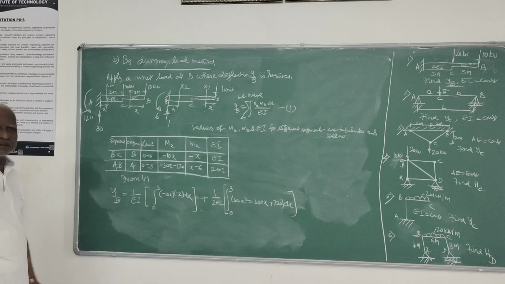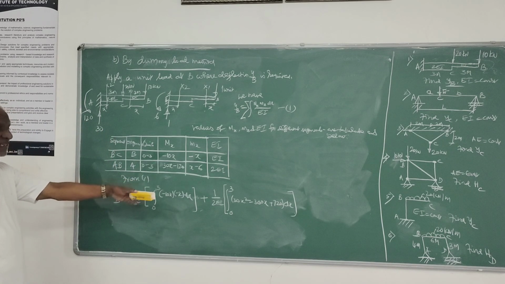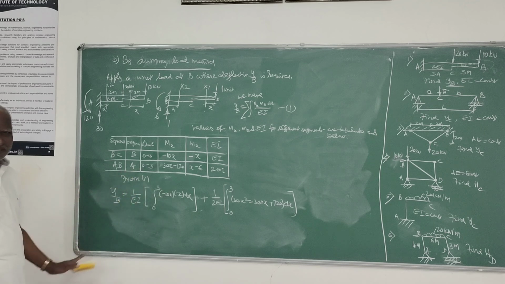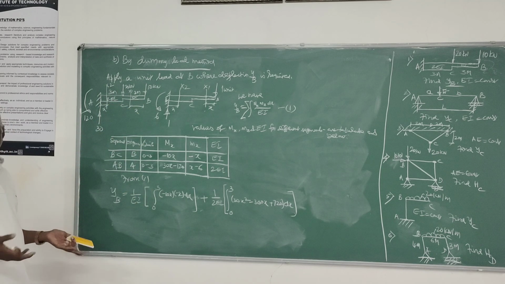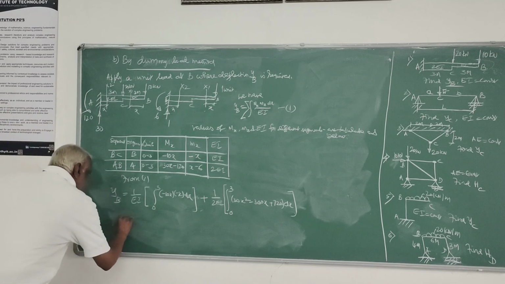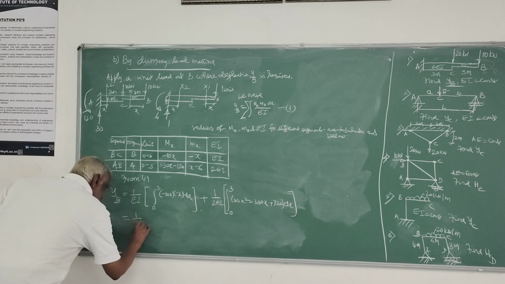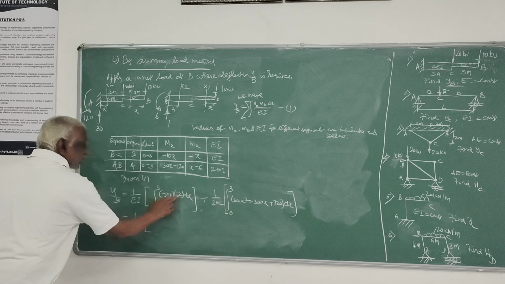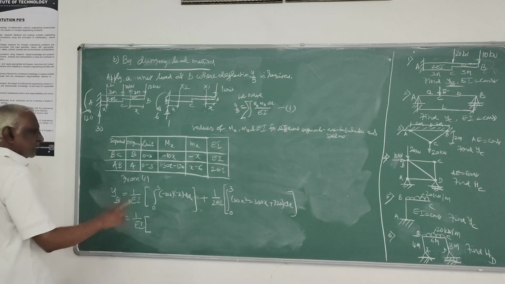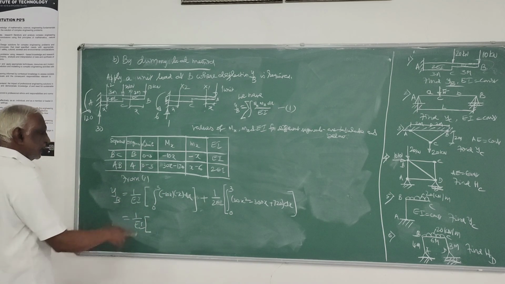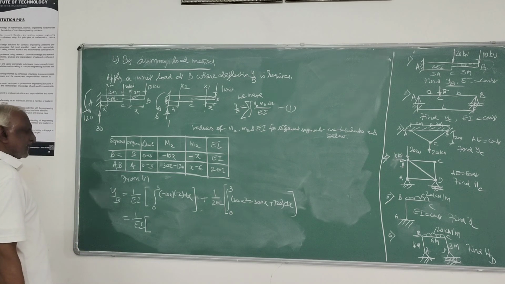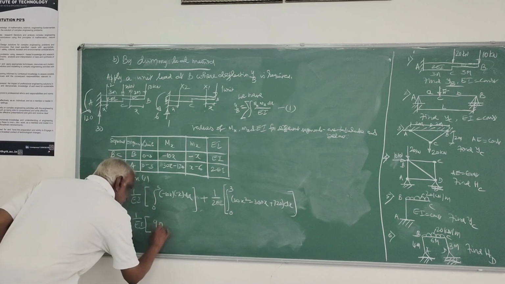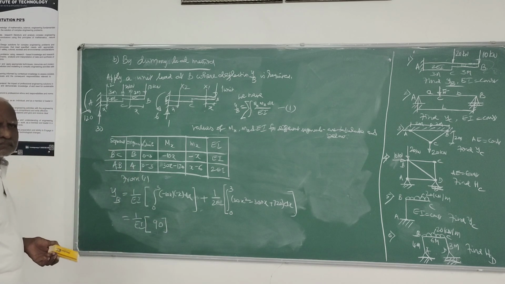Now, integrate. The terms are easy to handle here when compared to your earlier one. That's all, nothing other than that. So that is 1 over EI. Here it is 10x squared dx, that is 10 into x cubed by 3, that is 10 into 3 cubed by 3, that is 90.